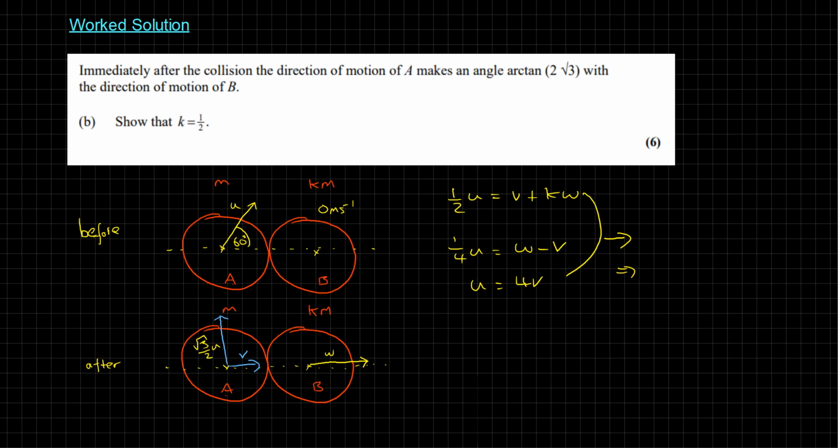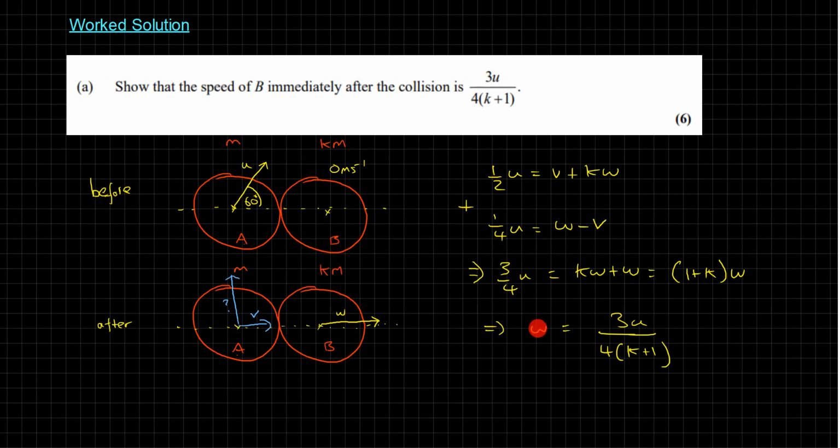Instead of cancelling out the U, let's cancel out the V. So still using this equation, if U equals 4V, therefore V equals a quarter U. So that's going to be a half U equals a quarter U plus KW, and therefore KW is equal to a half U minus a quarter U equals a quarter U, and that implies that K is equal to a quarter U over W. Now we'll see why I did it that way around, because in the previous question, we've already got W, and not only that, we got it in terms of U, which is going to be very helpful.